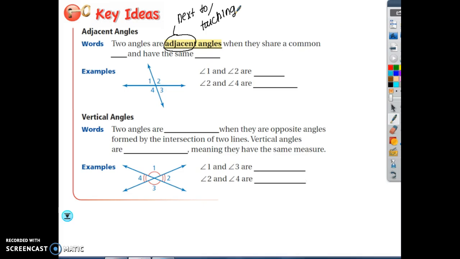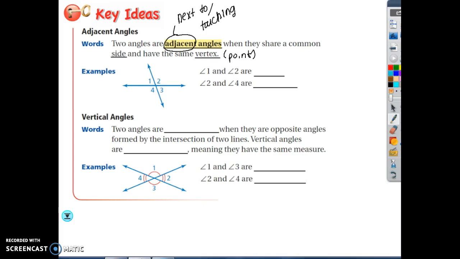So two angles are adjacent angles when they share a common side. Make sure you fill that in your notes, please. They share a common side and they have the same vertex. And this word vertex, we referred to on the last slide, just means point. They have the same side and the same vertex.